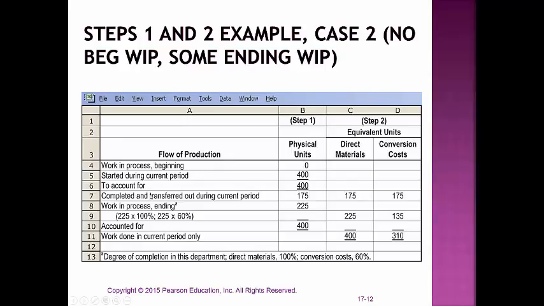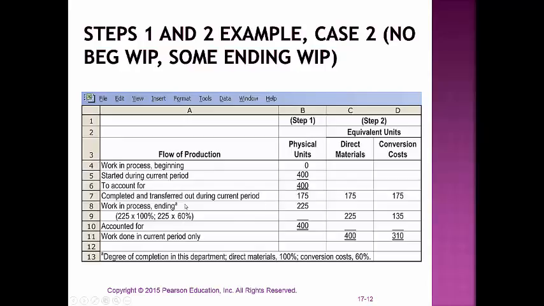And then how do we go about calculating our equivalent units? We've got to break down our items into items that we've completed and transferred out, and items that are remaining in work in process. So, regarding our data, we have completed 175 of these 400 units during this period. We're going to call those completed and transferred out during the current period.